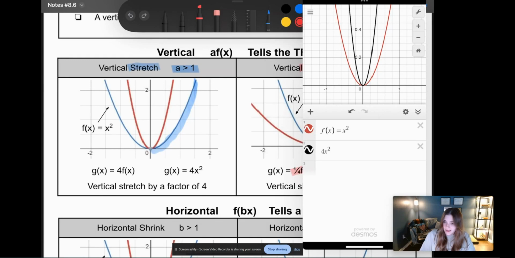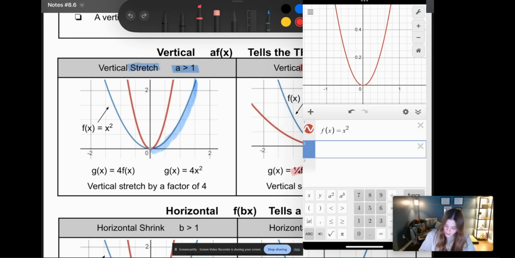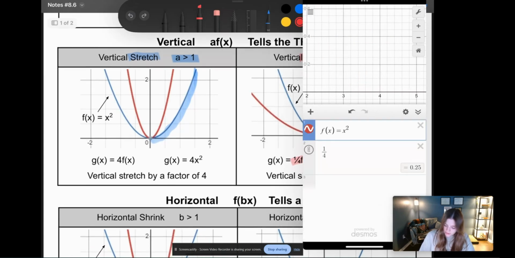Now let's try a vertical shrink. So instead of that one, let's try 1/4. Let me find my functions here. 1/4. Okay, and then I need to make sure I come out to the side. You notice how it went from that bottom 4 over to here? Make sure you do that or you are not going to get the right answer.